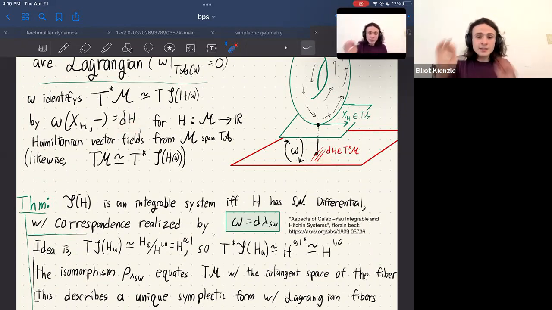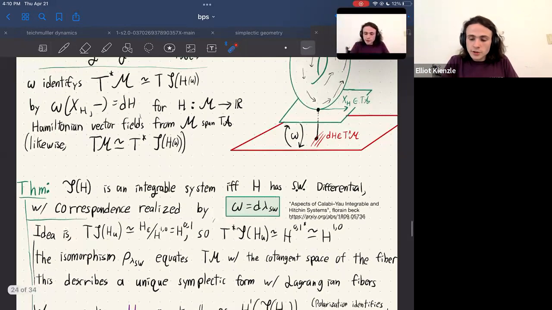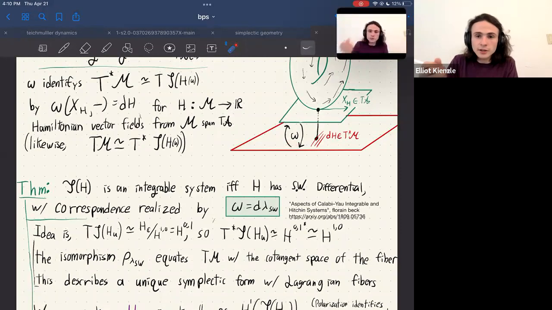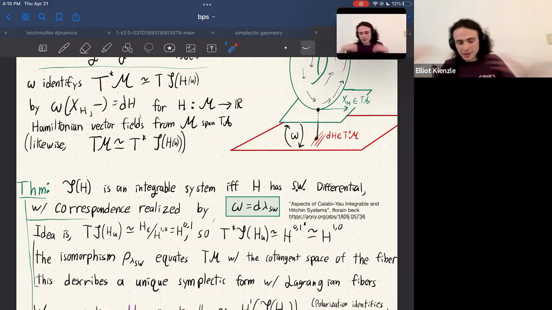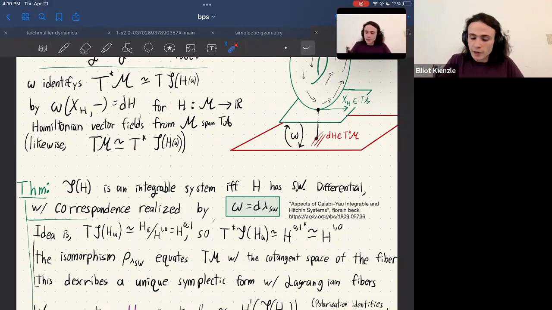That is the essence of the phase space structure for an integrable system. So instead of looking for the whole symplectic form, we just have to look for this isomorphism. And if we have this isomorphism, then there are some arguments that say we can extend it. There's a unique symplectic form that comes from it, right?